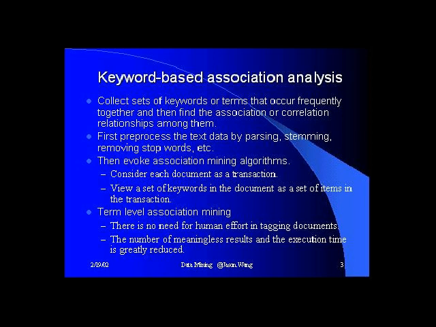Okay? And then you can use association rule analysis algorithms to find the relationships between these vectors. So how to identify keywords? You pre-process the text data by parsing, stemming, removing stop words, and so on. Okay? So we will look at a particular example that shows how keyword-based association analysis is done.